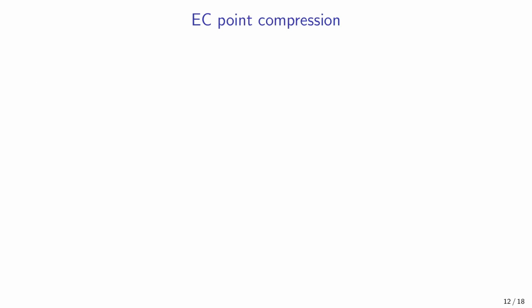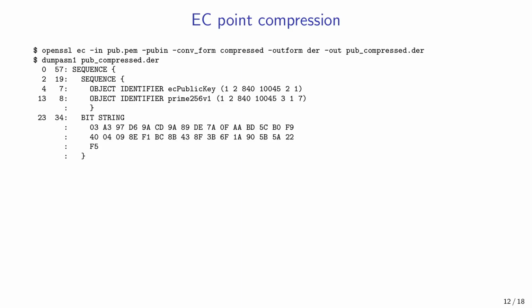A note about elliptic curve point compression. It is possible to encode an elliptic curve point in a more compact form than you saw on the previous slide. We can use this command to convert our uncompressed public key representation to a compressed format. If we dump ASN.1 the result, we can see that this bit string is now 32 bytes shorter. The idea behind point compression is as follows.